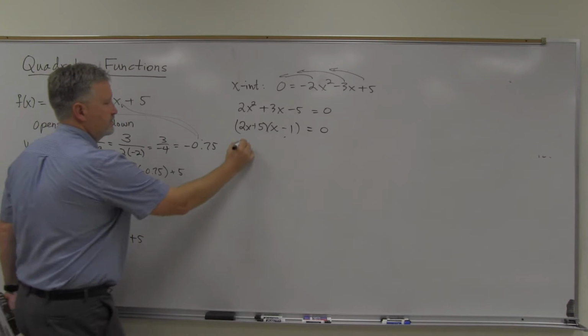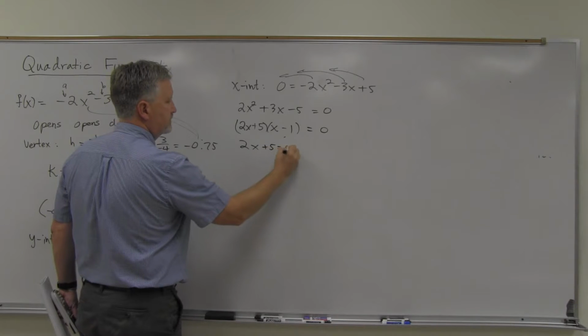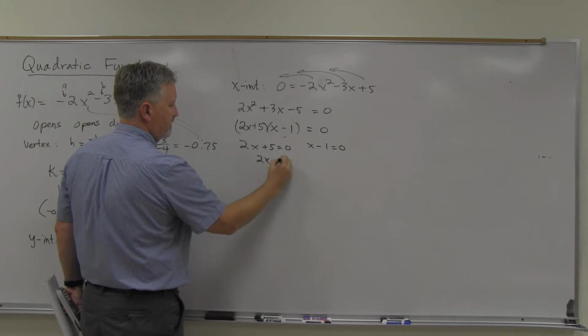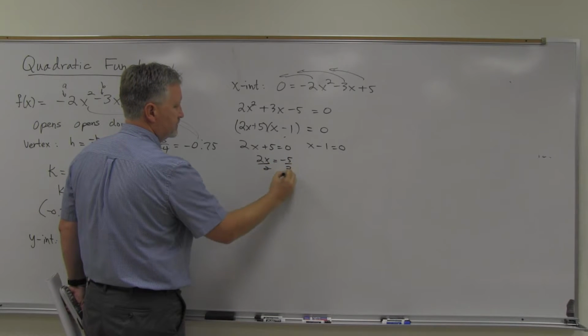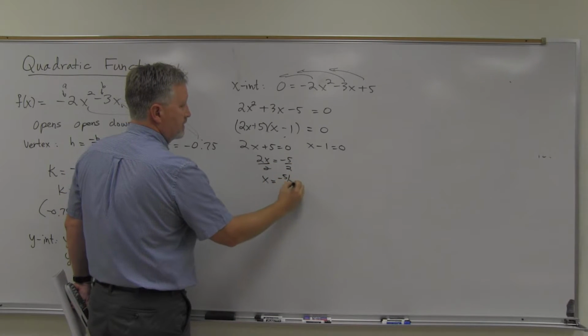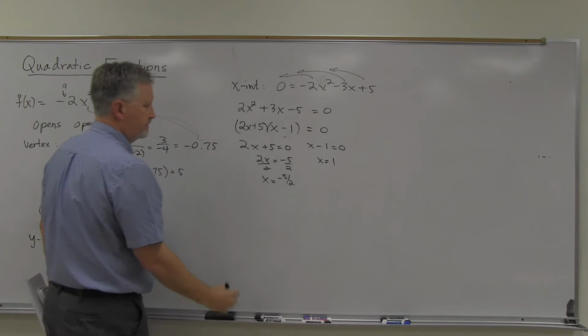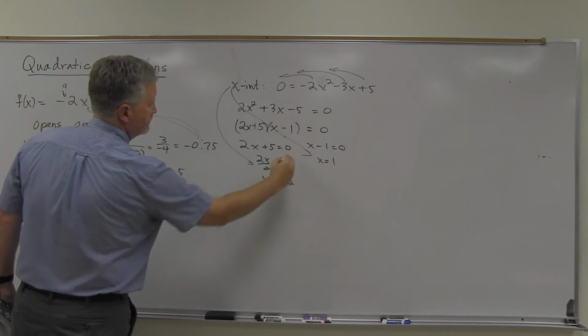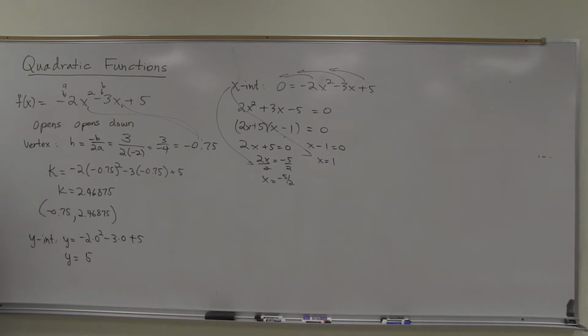And so you got 2x plus 5 equals 0, and x minus 1 equals 0. So subtract the 5 and then divide by 2 here. And then add 1, so you got x is 1. And so I've got my x-intercepts: 1 and -5/2. Y-intercept 5, my vertex, I think you got it.